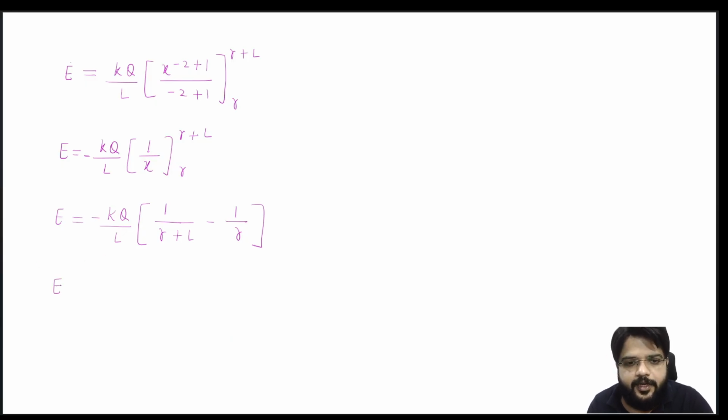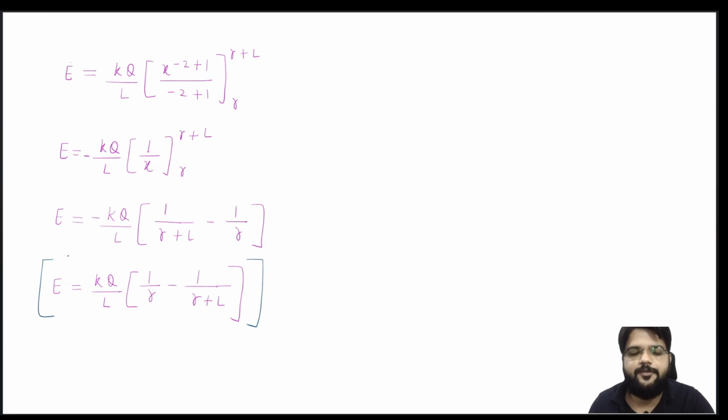Now put the negative sign inside the bracket. So finally we have, and this is the final answer, everyone. kq by L into 1 by r minus 1 by r plus L. This is the final answer.